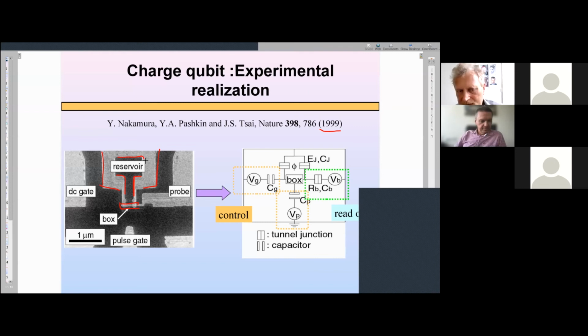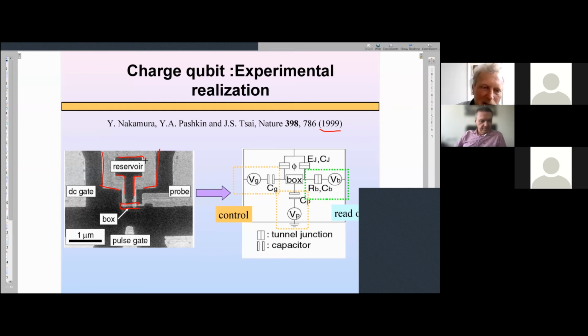Well, it was about operation with charge states. So in this case, you not only want to operate your device, you want to provide a readout. This readout was pretty much invasive, but robust and very convenient.